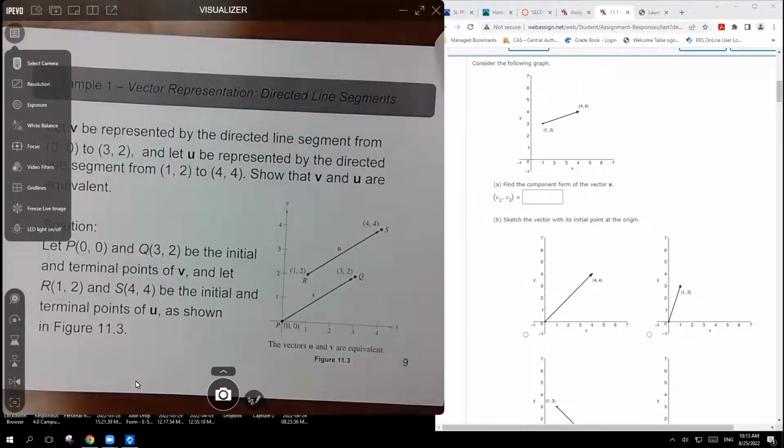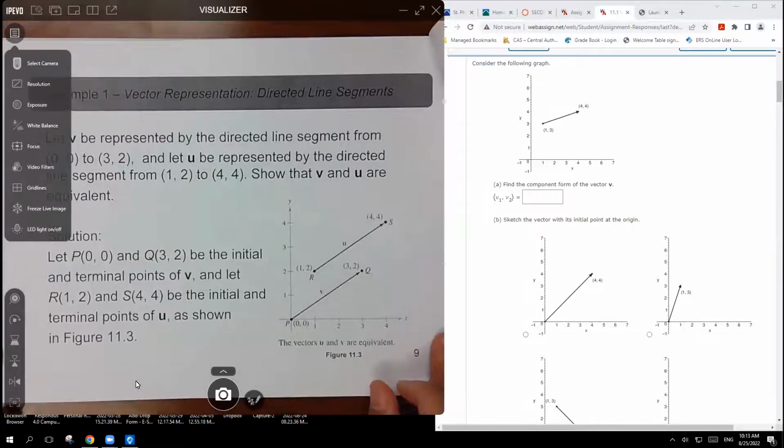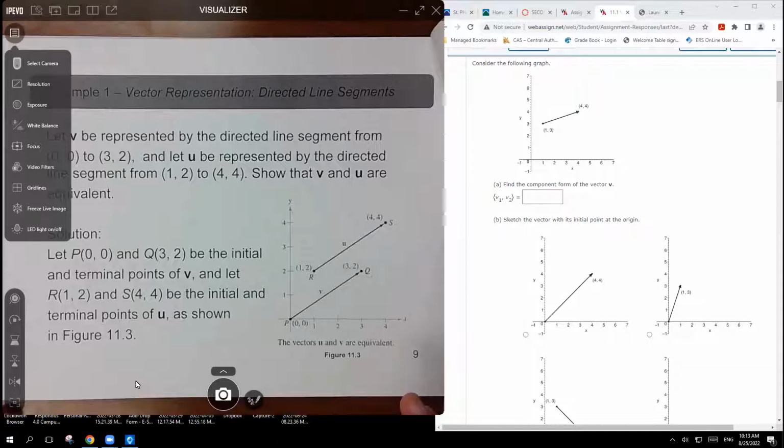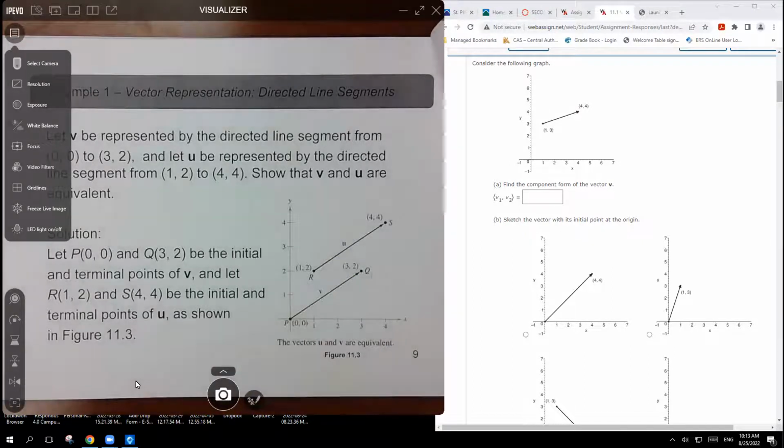How are you going to show that they are equivalent? We have to show that they have the same direction and the same length. If you look at both of these, it looks like the same direction, but we have to prove that.